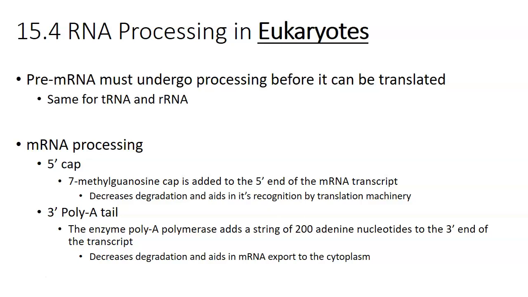Well, we think the reason for this 5' cap is to decrease the degradation, the breakdown of the mRNA transcript, so that it can last a little bit longer once it's out there in the cytoplasm. Remember, there's lots of enzymes in the cytoplasm that could easily break down this mRNA transcript. And so to prevent it from getting chewed up by the cell's machinery, this 5' cap gets added.